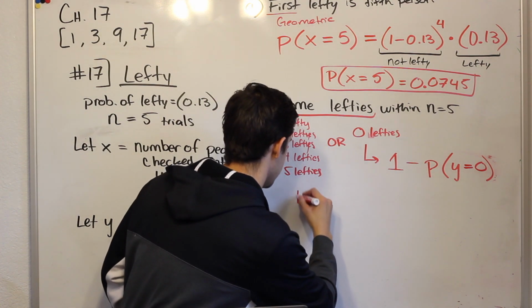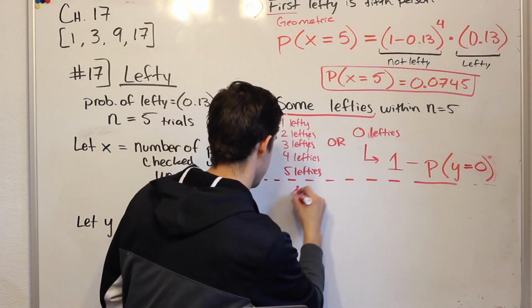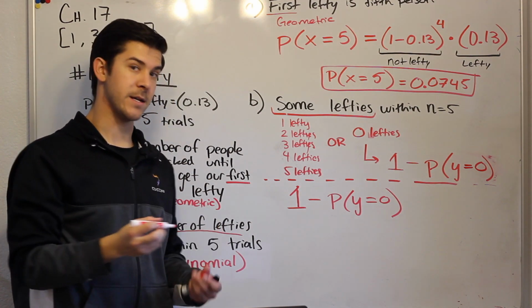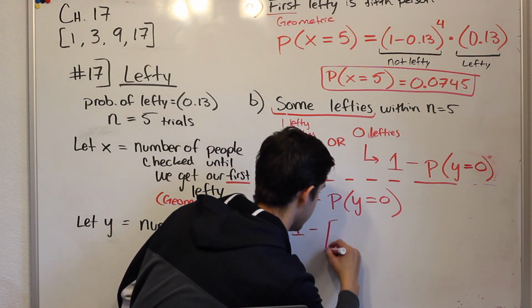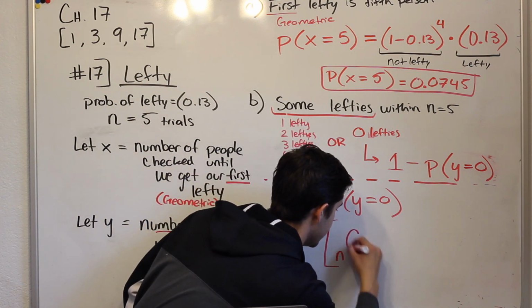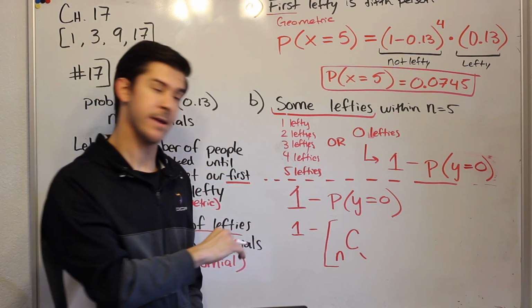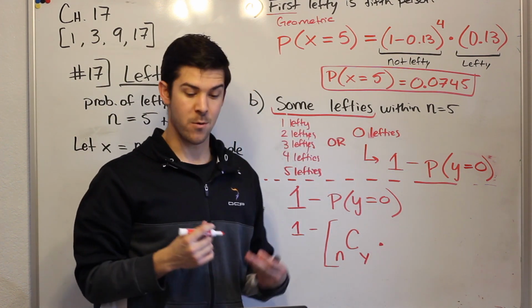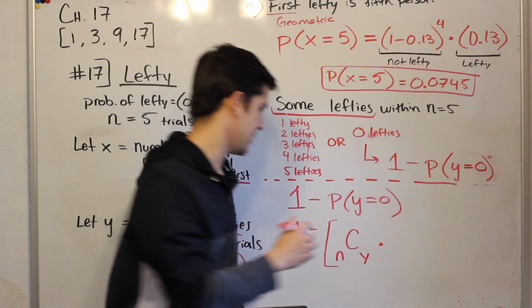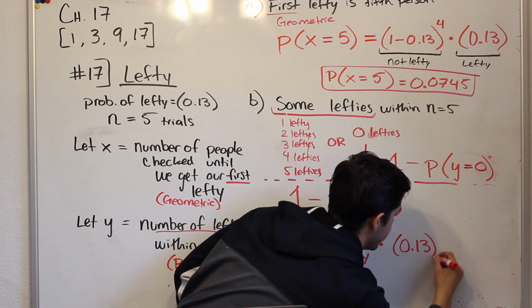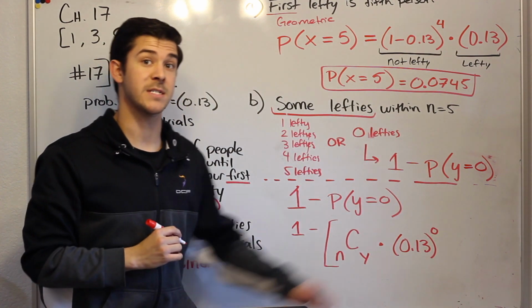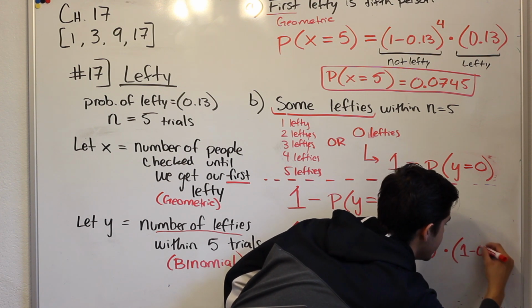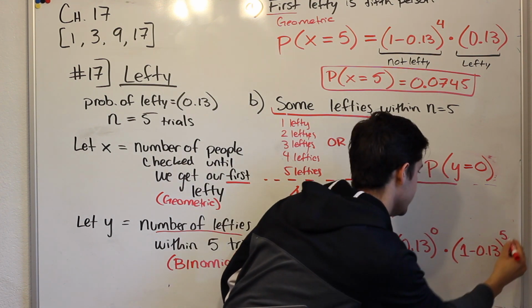I'm going to do 1 minus the probability of y equals 0, and remind us that we're actually finding 1 minus n choose x, but in this case we're going to use y because y is our variable of interest, multiplied with our probability of us having a lefty, which is 13%, raised to the 0 power, because I don't want that happening in this case, multiplied with us not getting a lefty, which is 1 minus 0.13, 5 times.